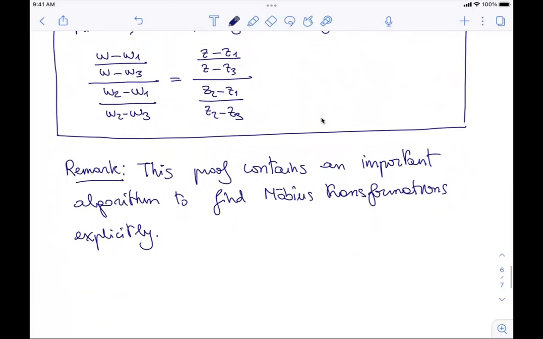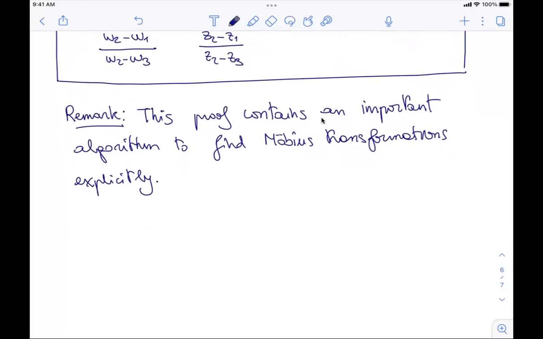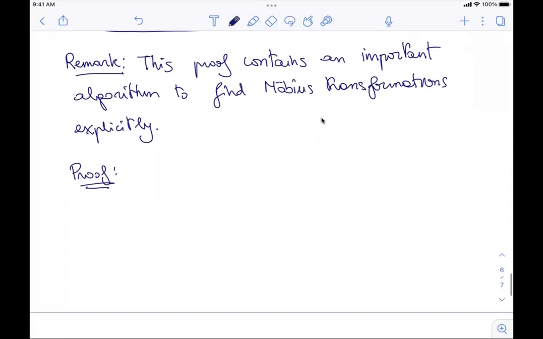Okay, so it's a proof worth going through. So let's see how the proof goes. It's actually fairly straightforward.